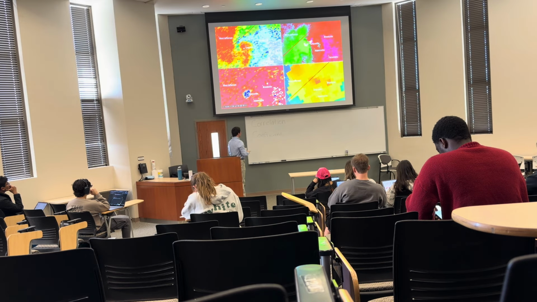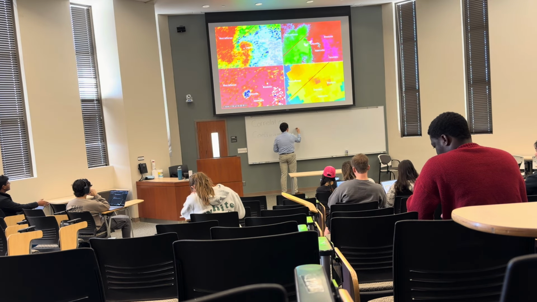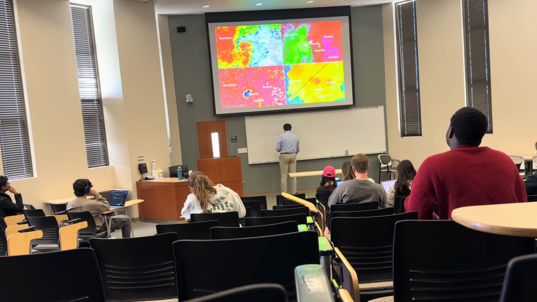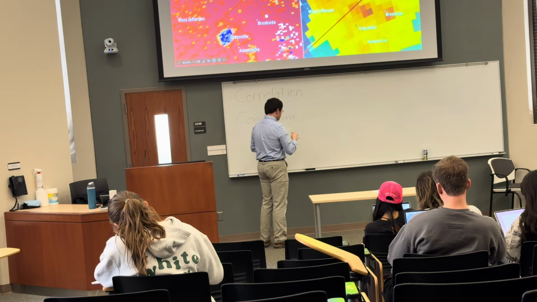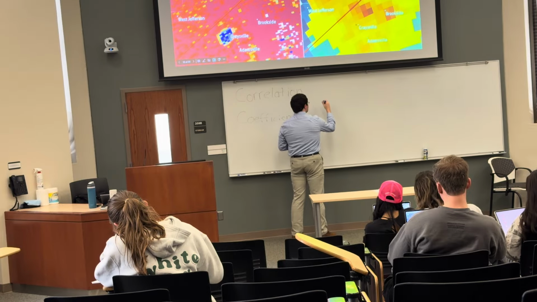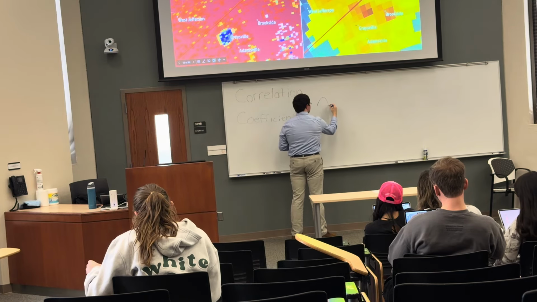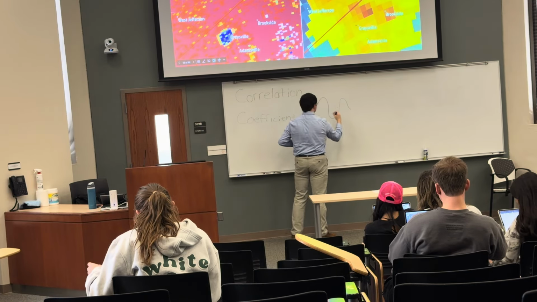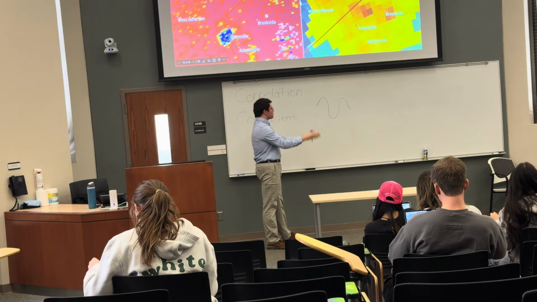So, correlation coefficient: what the radar can measure is, the radar can send out pulses that are, the radar emits pulses that are both, say, up and down, so it travels in this pattern.